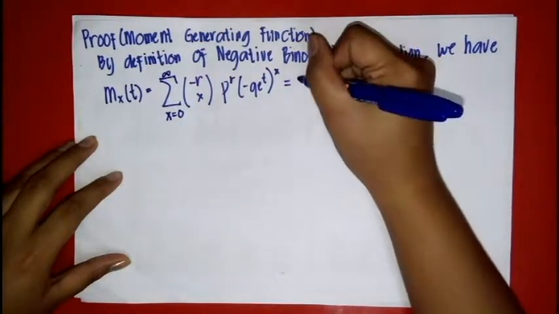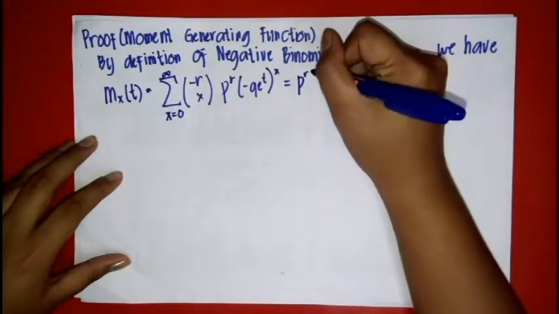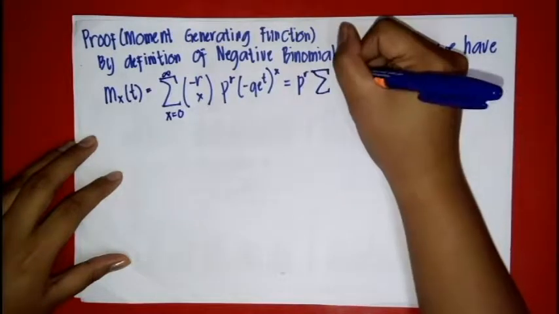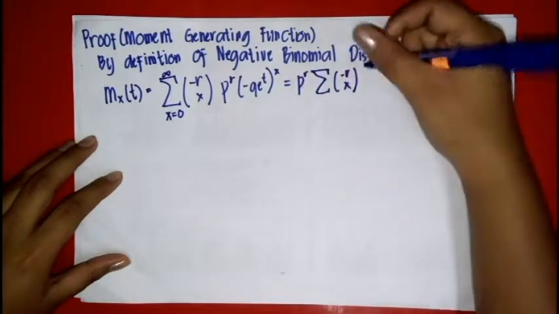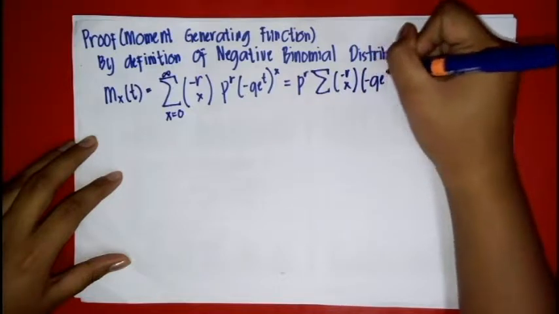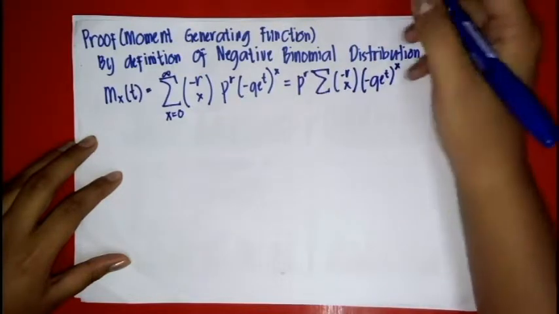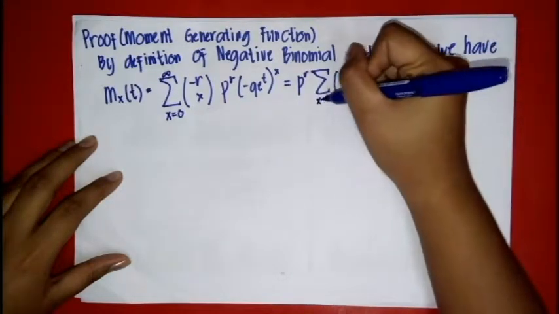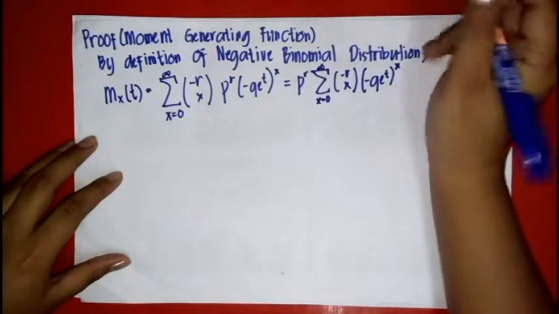So this will be equal to p to the r times the summation of negative r taken x times negative q e to the t to the x, as x goes from 0 to infinity.